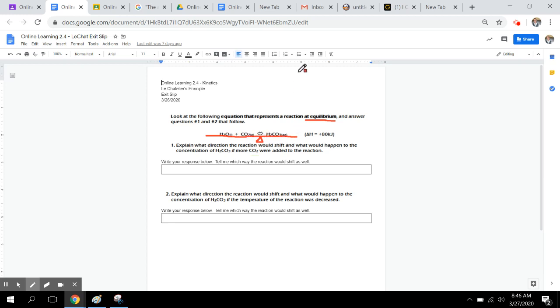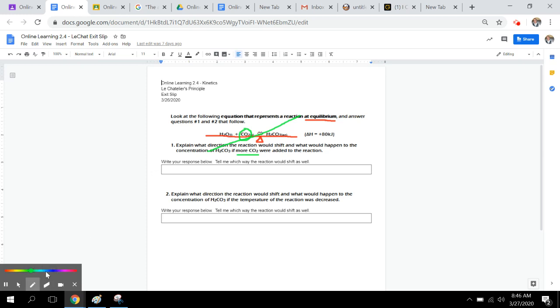The rate of the forward reaction equals the rate of the reverse reaction. But now we're going to add more CO2. Well, CO2 is right here, right? So if you add more weight on this side of the seesaw, it's going to get out of balance. So we've added more weight over here.